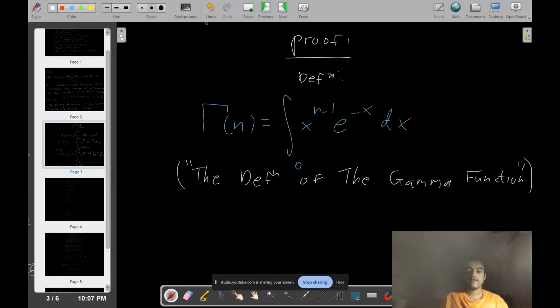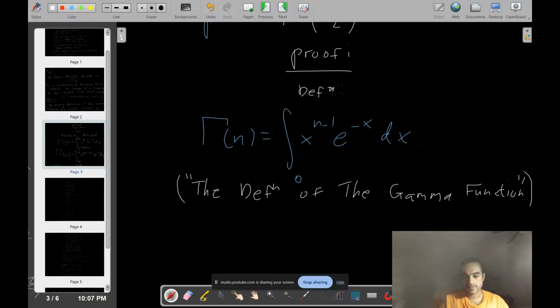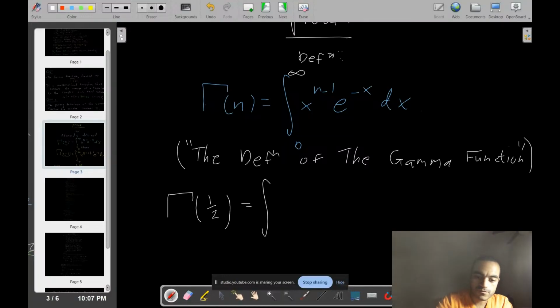So that's what we have. Now, we want to find gamma of 1/2, right? So let's plug that into our formula. Gamma of 1/2, when n is 1/2, is equal to the integral from 0 to infinity of x to the power of 1/2 minus 1, e to the negative x dx.